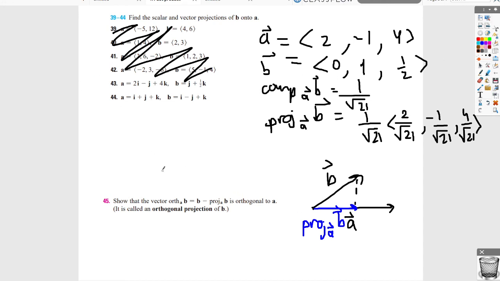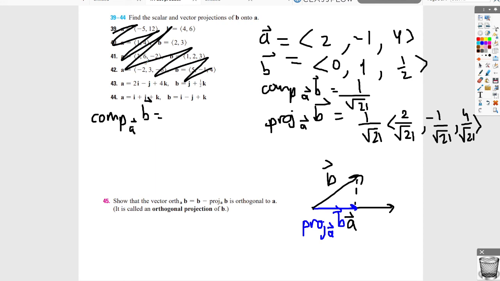Number 44. Same thing. These two are actually orthogonal, I think. So let's find out if they are. A is 1, 1, 1. B is 1, negative 1, 1. So the component of B onto A is equal to the dot product of them with each other.